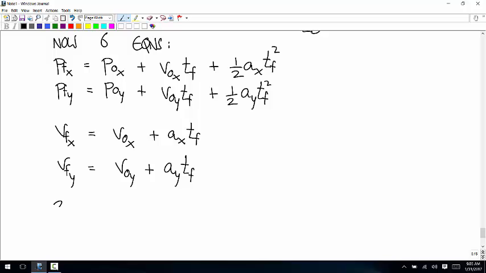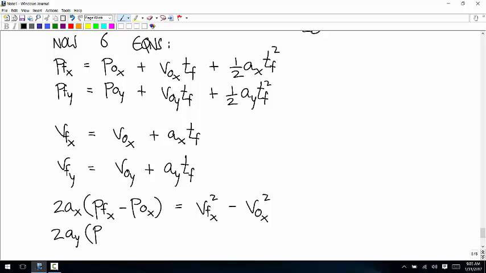And then the last 2 are 2 times Ax times the quantity Pfx minus P0x is equal to Vfx squared minus V0x squared. And then the y version of that equation, 2Ay times the quantity Pfy minus P0y is equal to Vfy squared minus V0y squared.